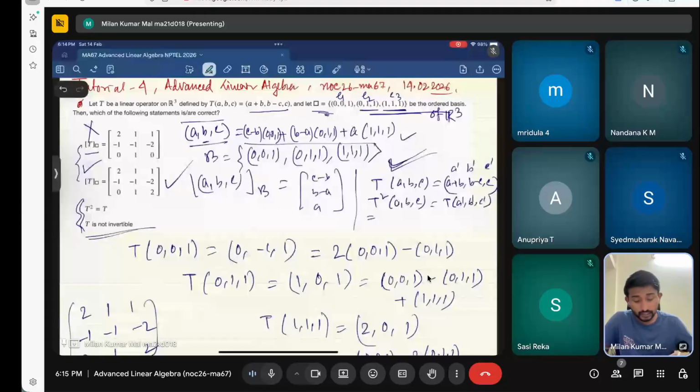Now it is known that a linear operator, this is very much standard, but even if you are not able to understand why this is standard, you can ask, I'll try to explain.